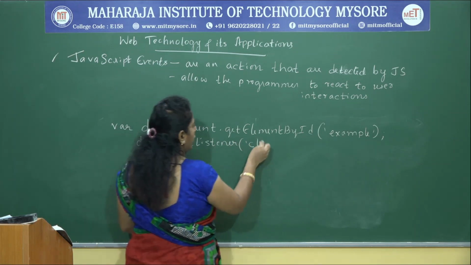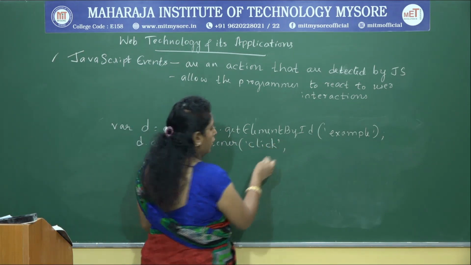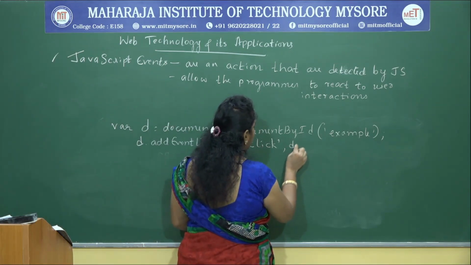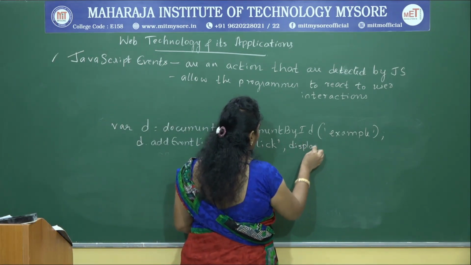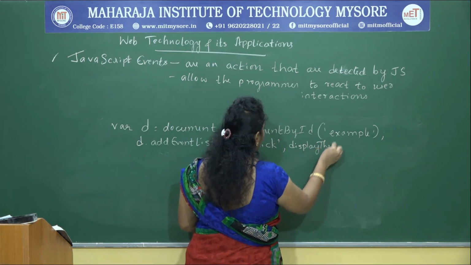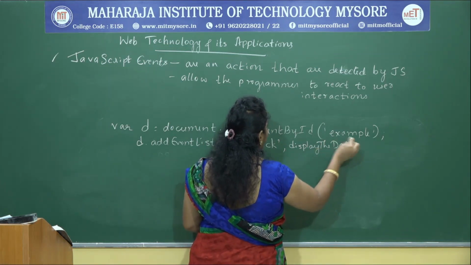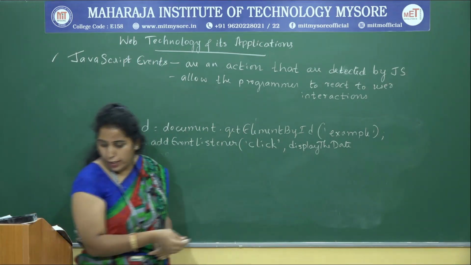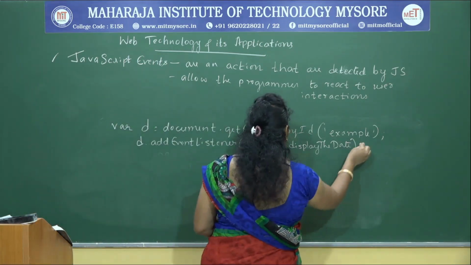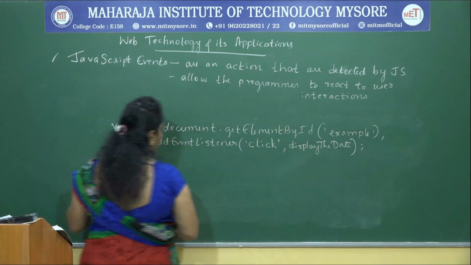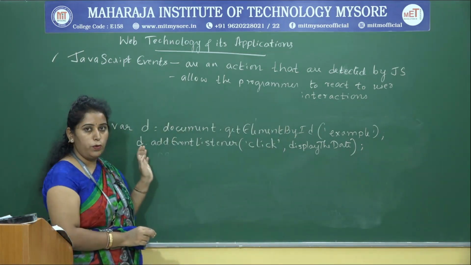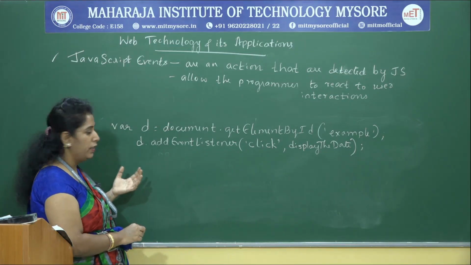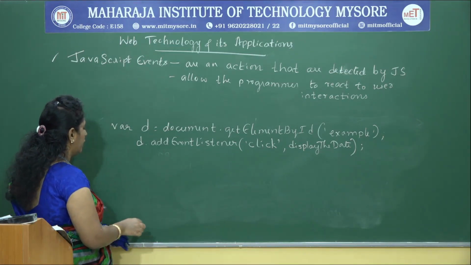So when you click, it should call a function displayTheDate. So this is how we can code a program to illustrate displaying the current date.